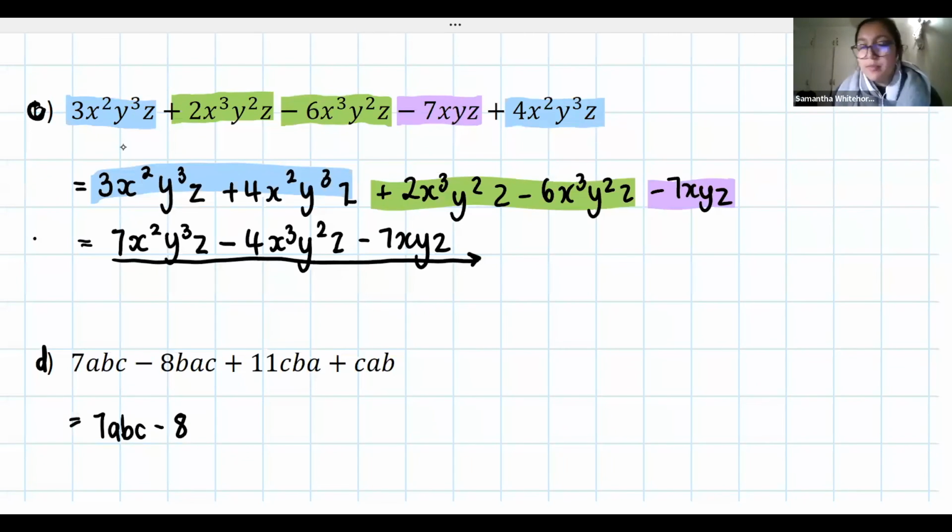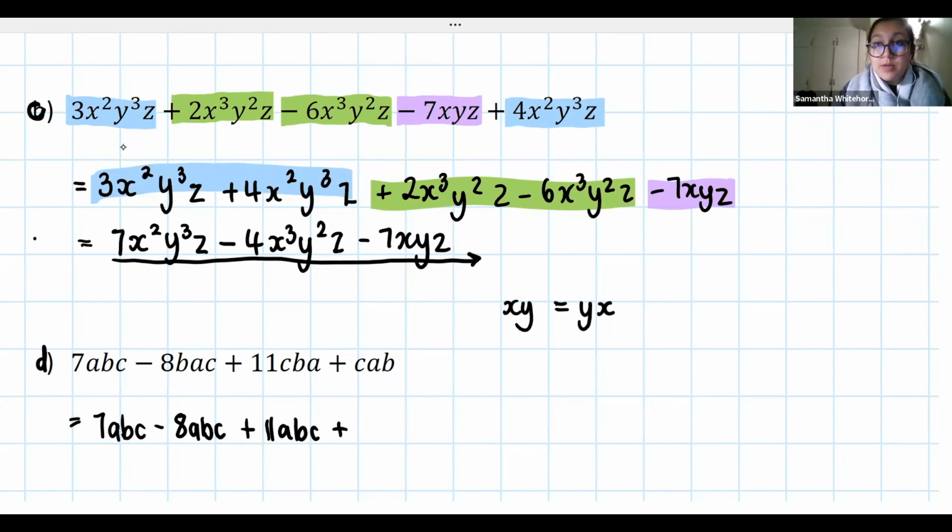Let's just put it in alphabetical order. A, B, C. Remember, XY is exactly the same thing as YX. It means the same thing. So you reordering it doesn't make a difference. Third term, 11CBA. Let's put it in alphabetical order. A, B, C. Fourth term, CAB, alphabetical order, A, B, C.